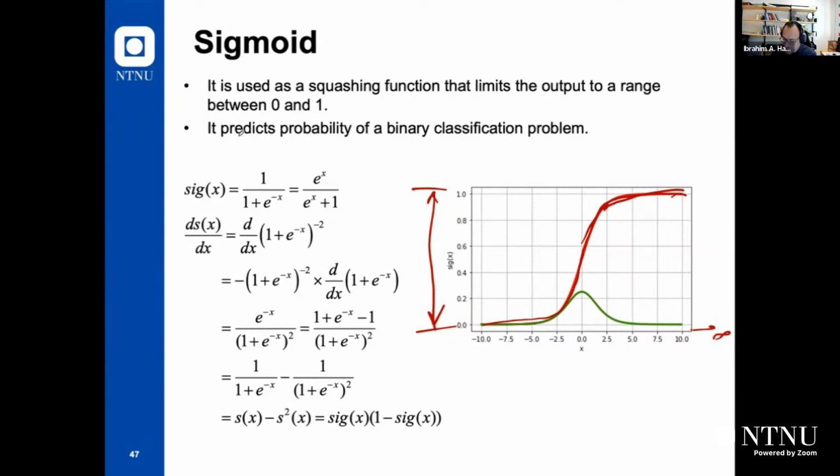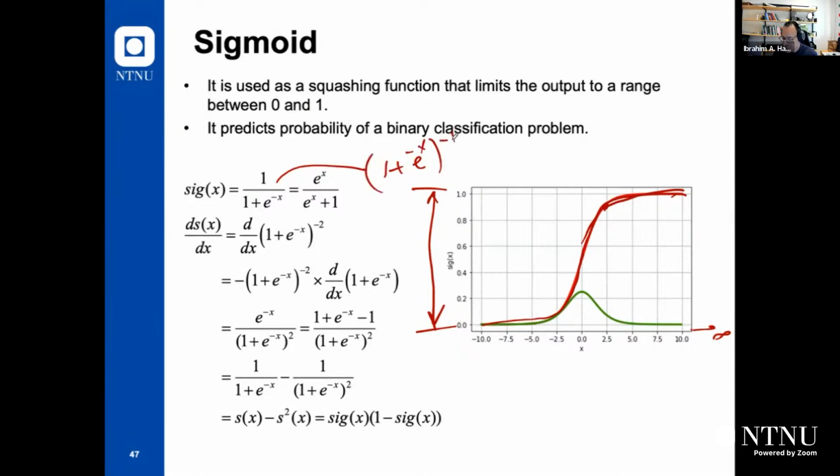The mathematical formula for it is like this one: sigmoid of x is 1 divided by 1 plus exponential minus x. You can multiply above and below by exponential x, so it will be exponential x divided by exponential x plus 1. If you want to find the first derivative, we can write it like this: 1 plus exponential minus x to the power of minus 1.